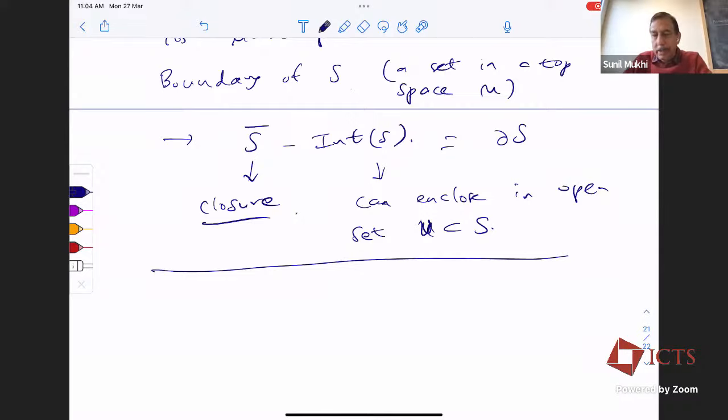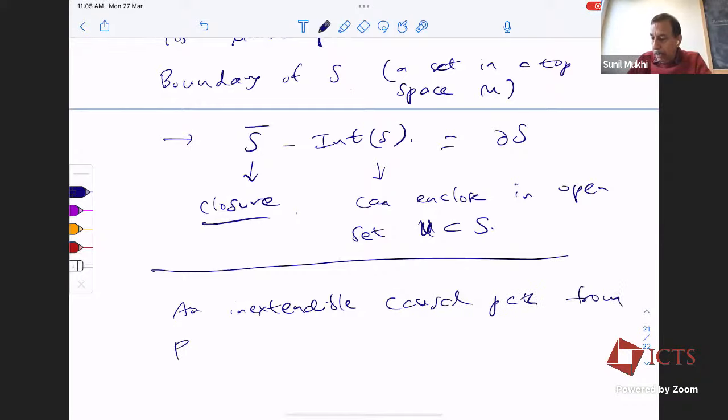Now, a very interesting fact is that these are properties of Cauchy surfaces and inextendable causal paths from P. Of course, we said it has to intersect a Cauchy surface, but we can ask, does it intersect the Cauchy surface more than once?